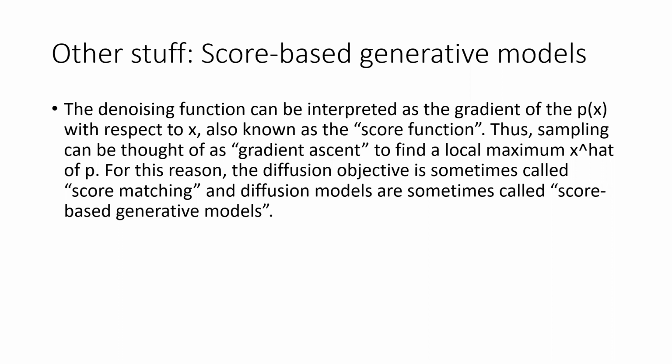And so sampling from a diffusion model can, in another line of reasoning, be interpreted as gradient ascent on the probability density function p of x to find a local maximum x hat. For that reason, the diffusion objective is sometimes called score matching, and diffusion models are sometimes called score-based generative models. So that's just a note on terminology. If you see these score-based generative models, know that they're basically the same thing.